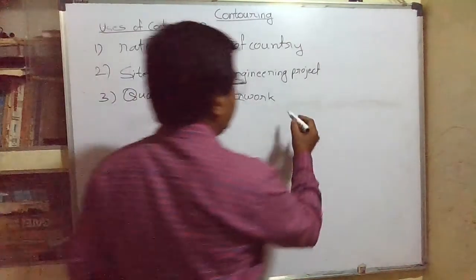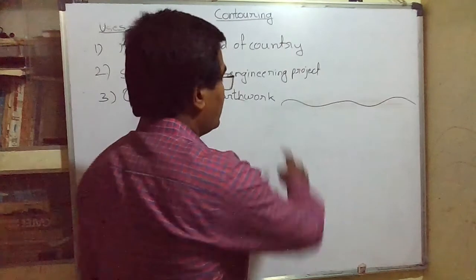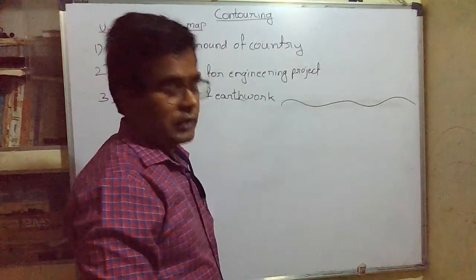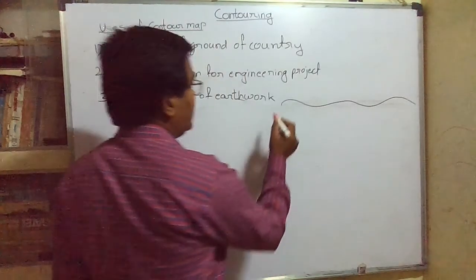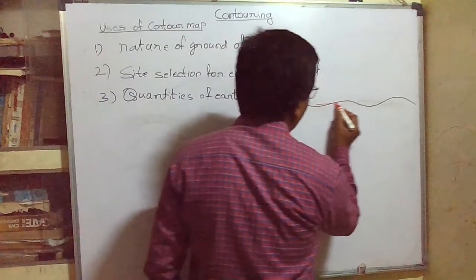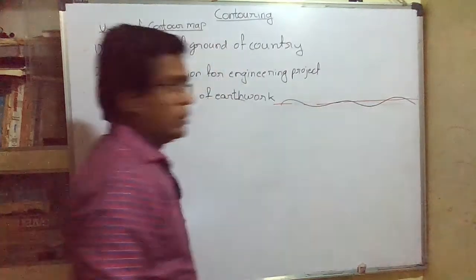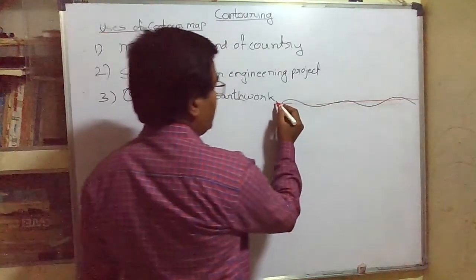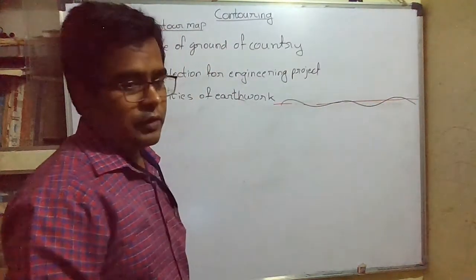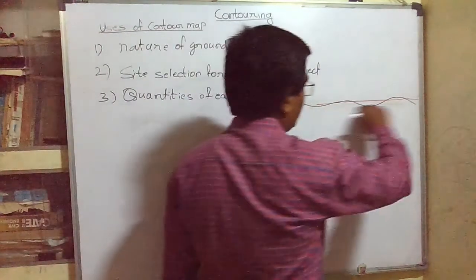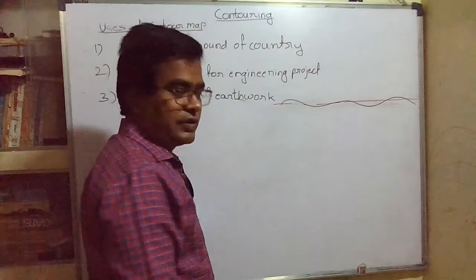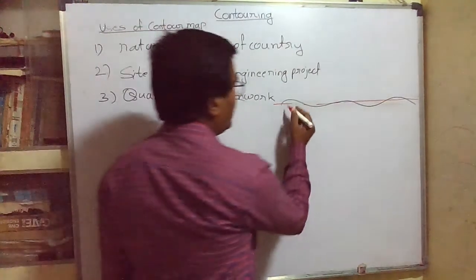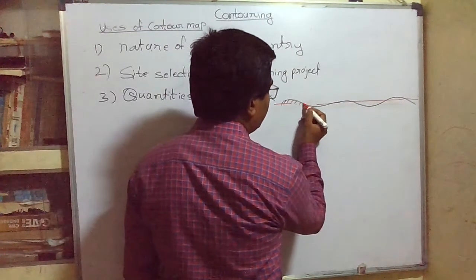Suppose we have decided the alignment of the road, and the undulations of the ground are like this for that specific alignment. Then we decide the RL for our road. Suppose this is the reduced level that our road should follow, with this slope or gradient. Then we have to compute the quantities of earthwork.